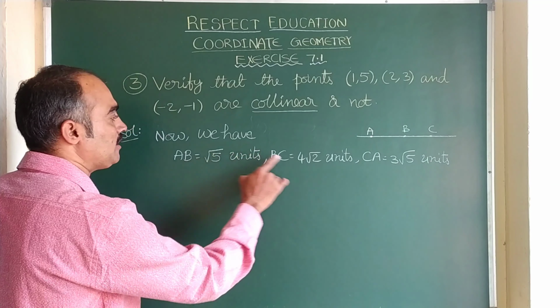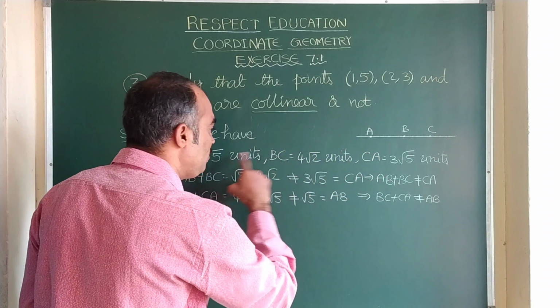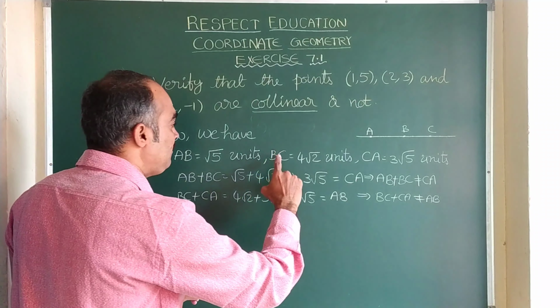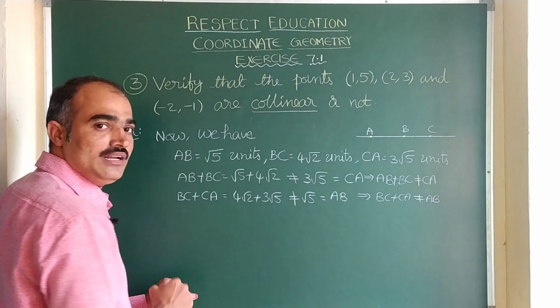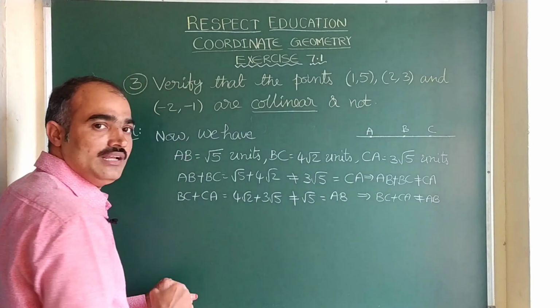Clear? So we checked the first two with the third one, and the second two with the first one. Let us take the first one and third one with the second one, that is, let us add AB and CA. AB is root 5 plus CA is 3 root 5. Here there is a possibility to add: 1 root 5 plus 3 root 5, total 4 root 5. You can take root 5 common, 1 plus 3 is 4.